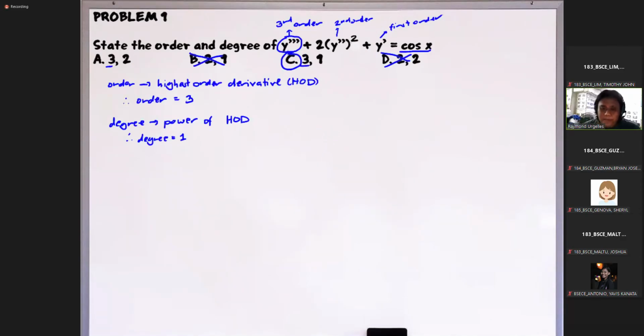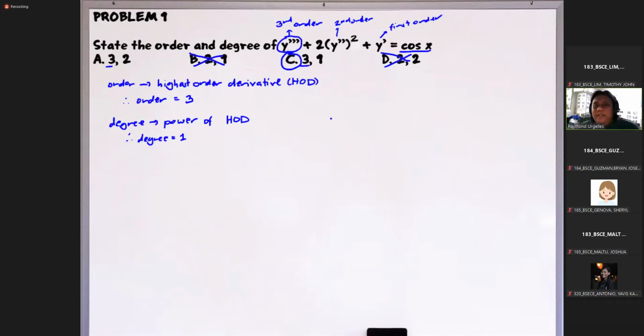Yung idea, kasi sa polynomial bawal kang magkaroon ng fractional exponent, bawal ang negative exponent. So bawal na yung variable mo nasa loob ng isang function. So parang ganun din yung idea natin sa pagkuha ng order and degree ng polynomial. Pag yung mga derivative natin ay merong mga fractional exponent and the like, tapos hindi natin siya ma-eliminate, sinasabi natin na wala siyang degree.